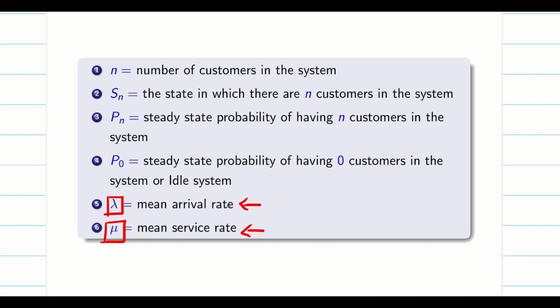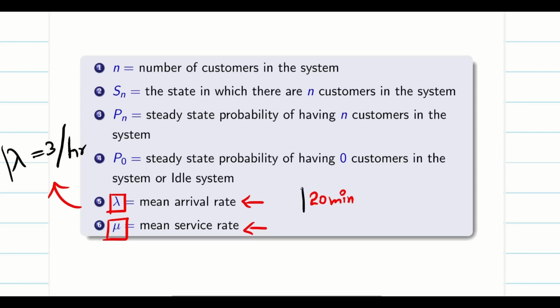Instead of the mean arrival rate, if they say the inter-arrival time is 20 minutes, this is time, it is not rate. Rate means, for example, every hour 3 customers come, so the arrival rate is 3 per hour. This is your rate. But when I say the inter-arrival time is 20 minutes, this is not rate.